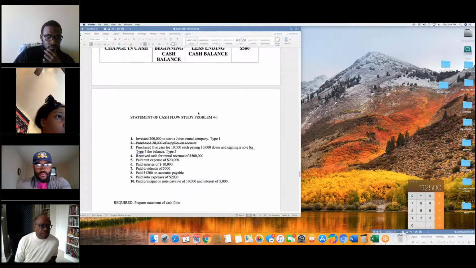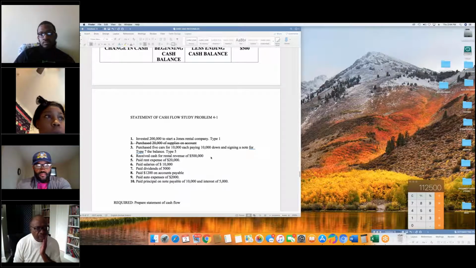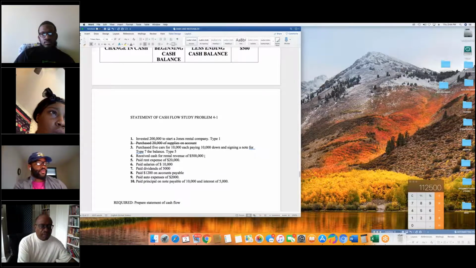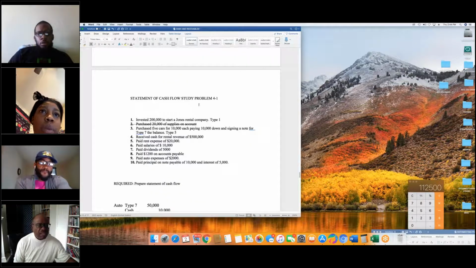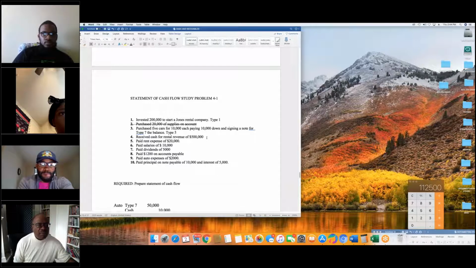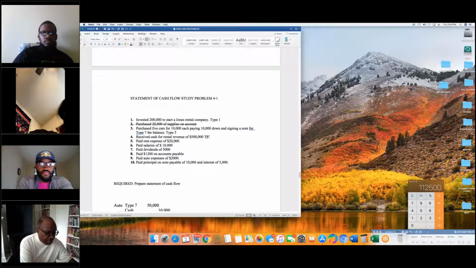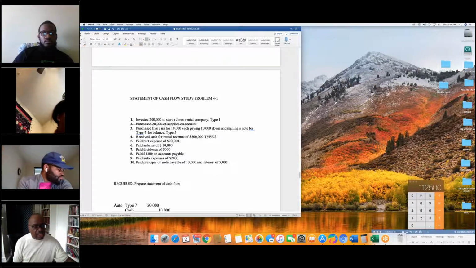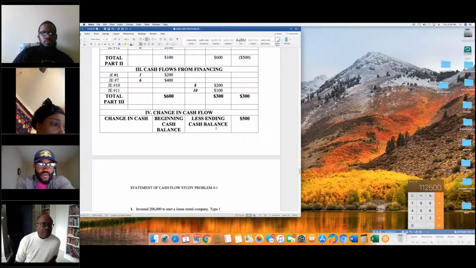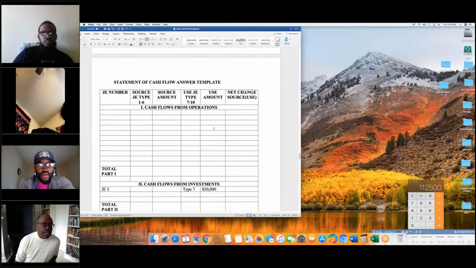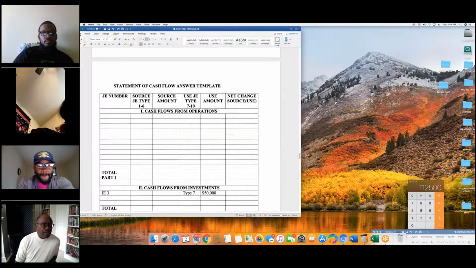So continuing to work with this problem, we have 4. What happened in 4? Cash return revenue. What type is that? Type 2. Where is it going to go? Category 1. It's going to go up here. And the source amount.